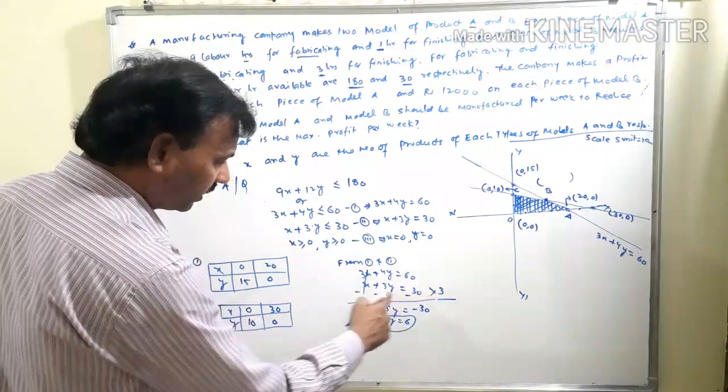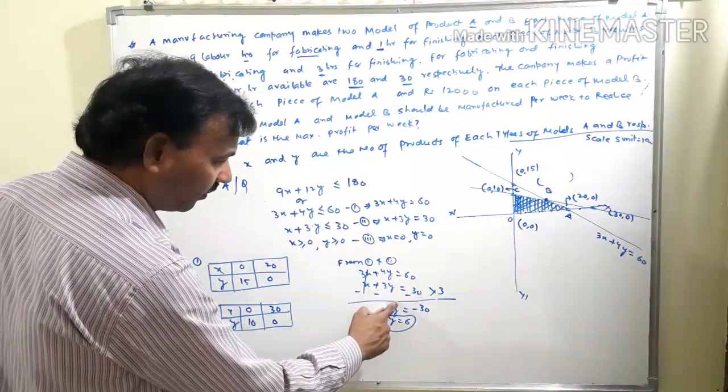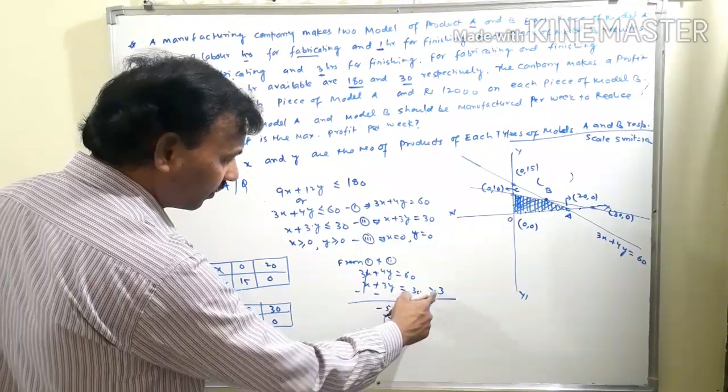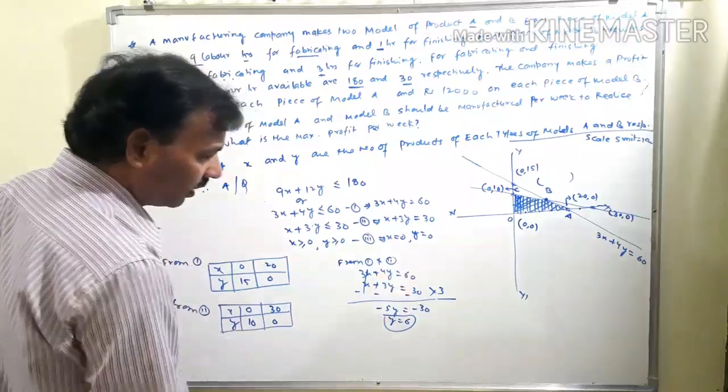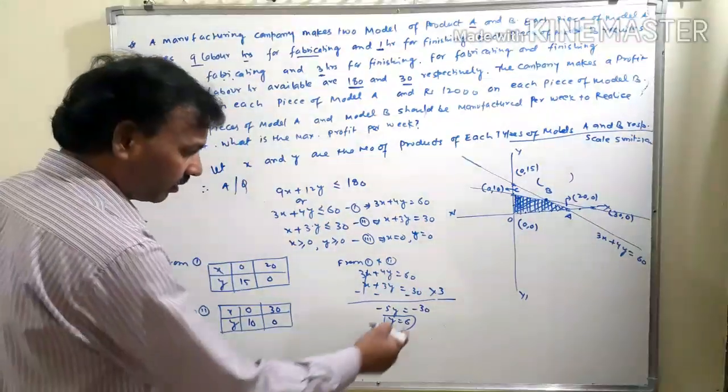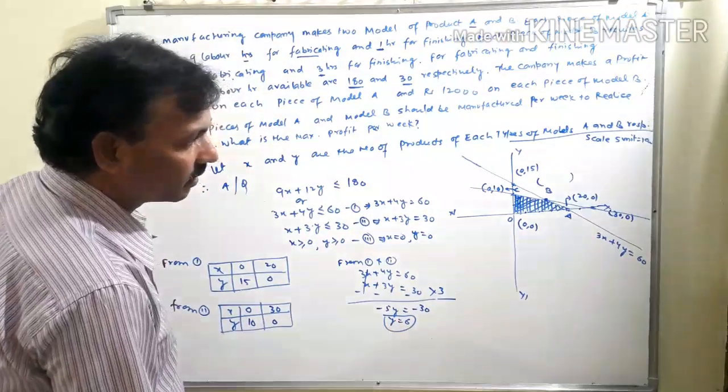4y minus 9y, this will be minus 5y equal to 60 minus 90, this will be minus 30.